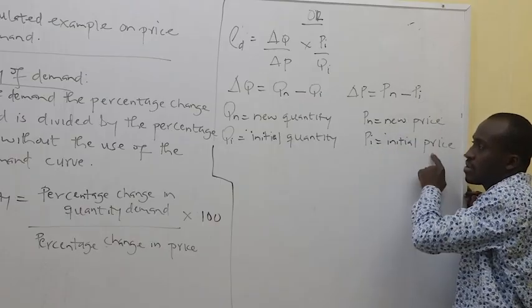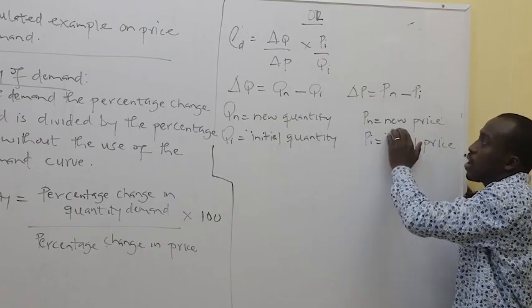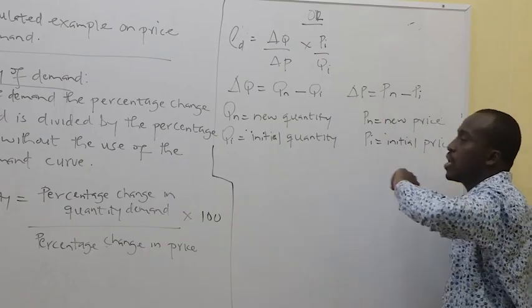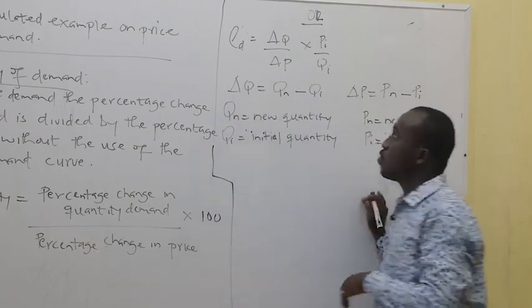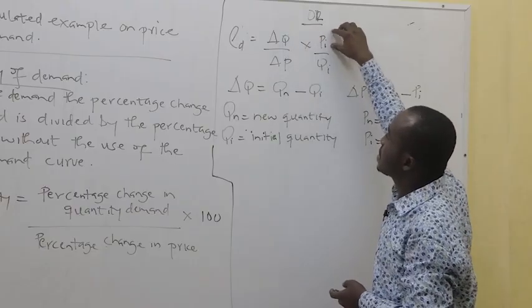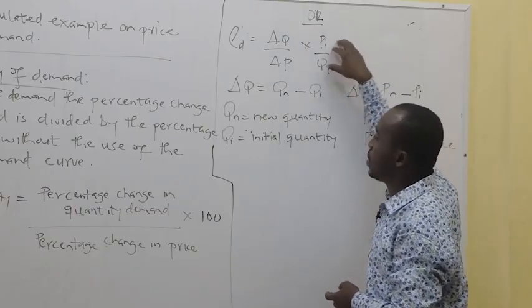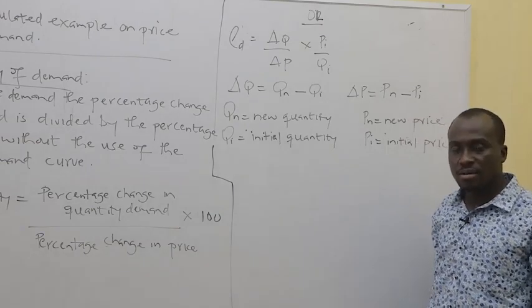It is the initial price, right? So if you subtract the initial price from the new price, you get the change in price. If you subtract the initial quantity from the new quantity, you get the change in quantity. So change in quantity over change in price, times the initial price over the initial quantity demanded, gives you your point elasticity of demand, right?